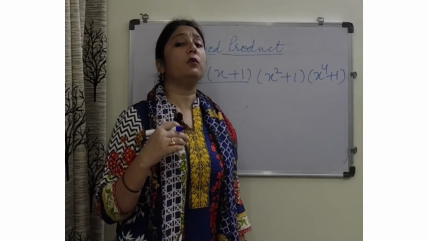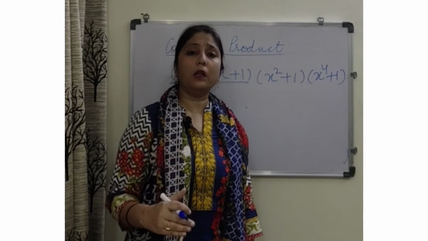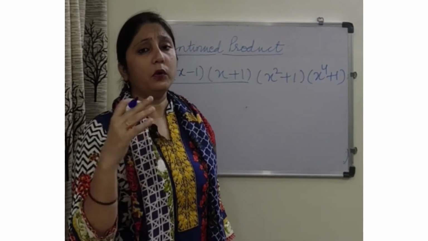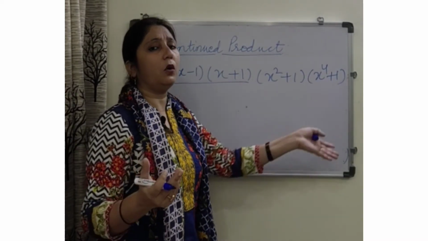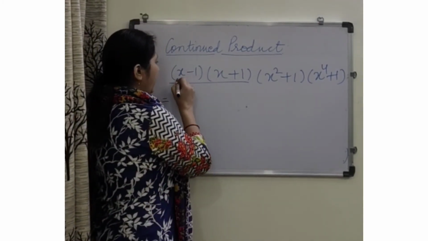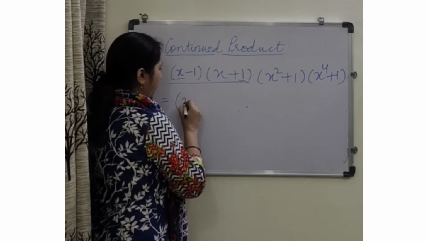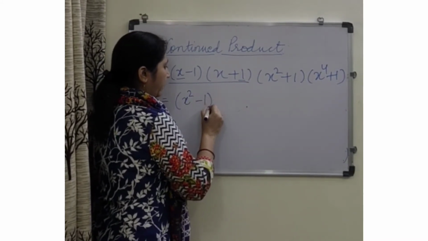Now you have to do all the working in your mind. You don't have to write a and b separately in a column. How long are you going to do this? So your a will be x and your b will be 1. So here it will be x square minus 1.